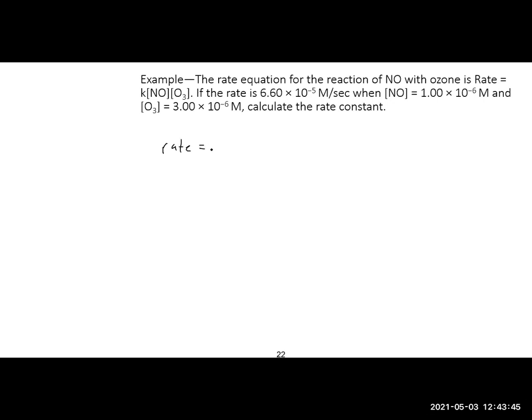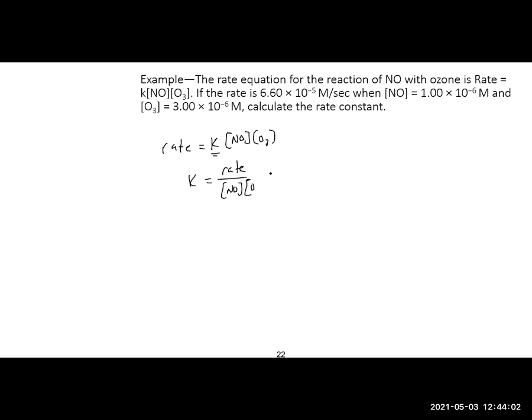We'll definitely use the rate law to figure out what we're looking for. We've got the rate is equal to k times NO times O3. In this case, we are looking for the rate constant. So just like we just did, we're going to rearrange the rate law, and they were nice enough to give us the concentrations.